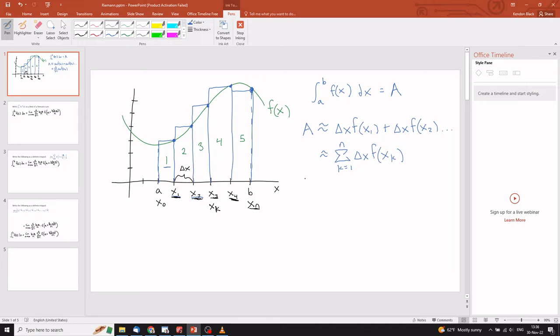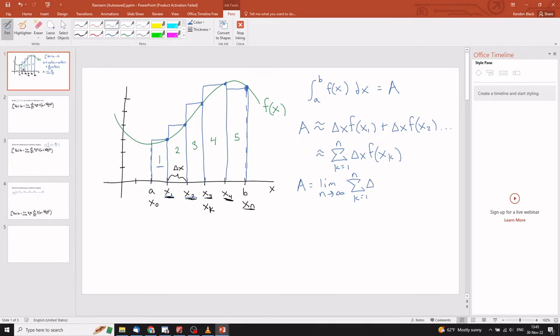Now, if we want the exact area, we just take the limit of that as the number of rectangles goes to infinity of delta x times f of x sub k.